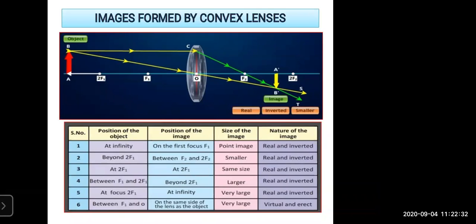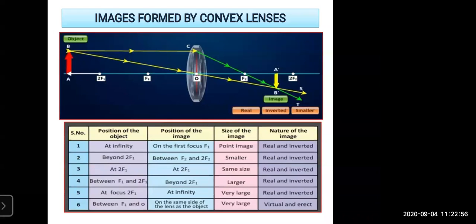Okay, and after that what will happen? Both the refracted rays intersect at a point and form the image, that is A dash and B dash. Look at the diagram, that is A dash and B dash. It will form the image, that is a real image.